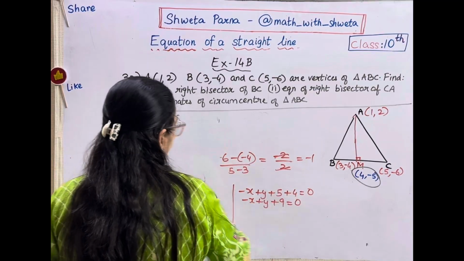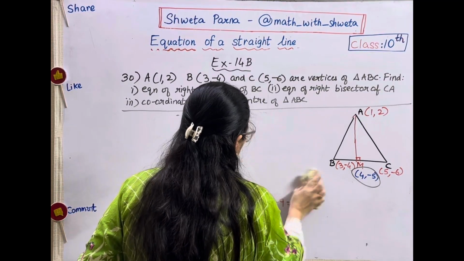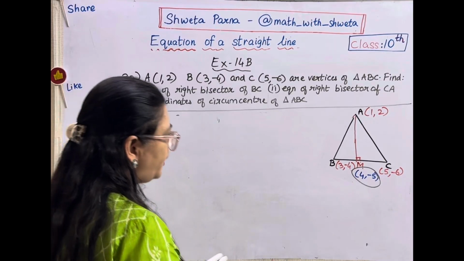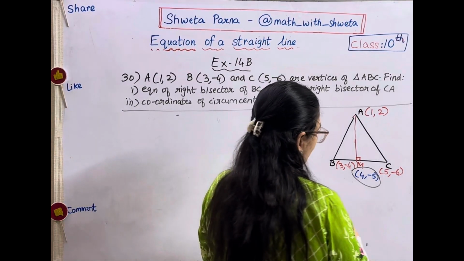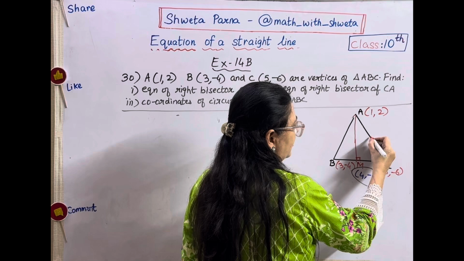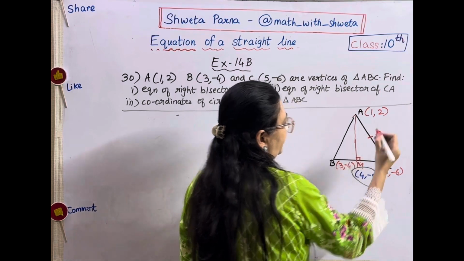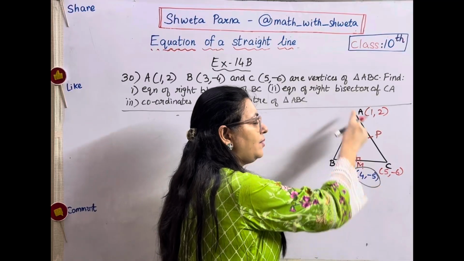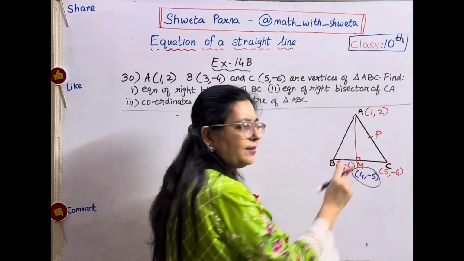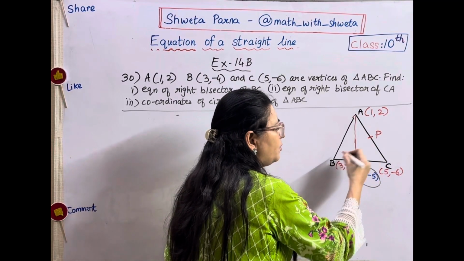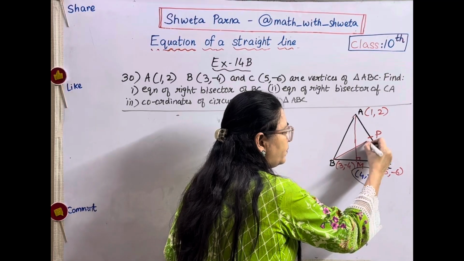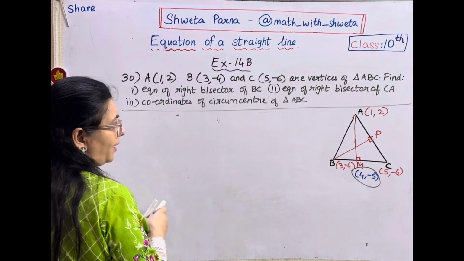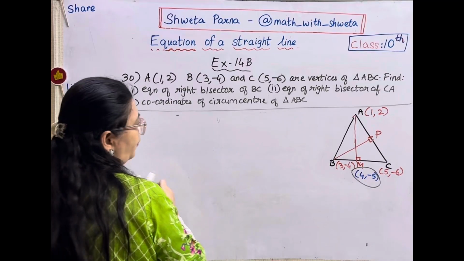Next part is find the equation of the right bisector of CA. So right bisector of CA, this is CA. Let this be, say, point P. Again, right bisector means it passes through the midpoint of AC and at the same time it is perpendicular also. So first let's find the slope of AC.